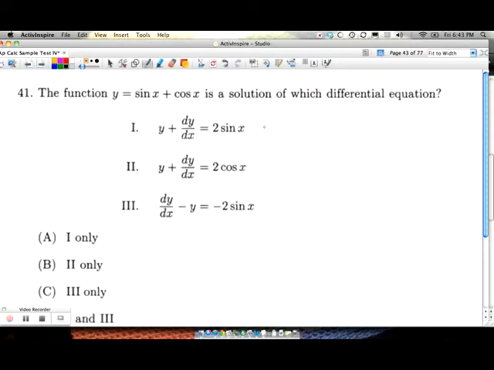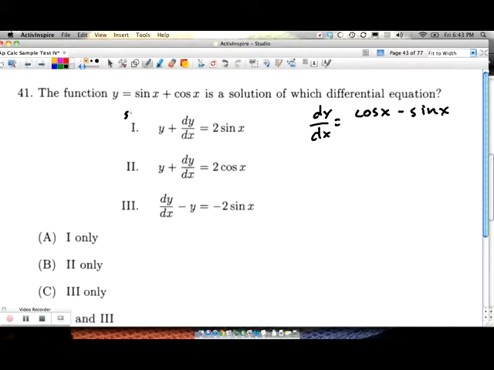I'm moving on. The function y equals sine of x plus cosine of x is a solution for which differential equation? What that's really saying is that if we were to take the derivative of this, how would it match up with these ones here? So let's see what happens. If I were to take dy dx, in other words, that means I would have cosine x minus sine x. Well, I need to see which one of these are equal to this.